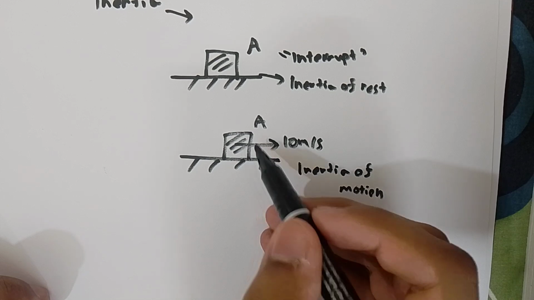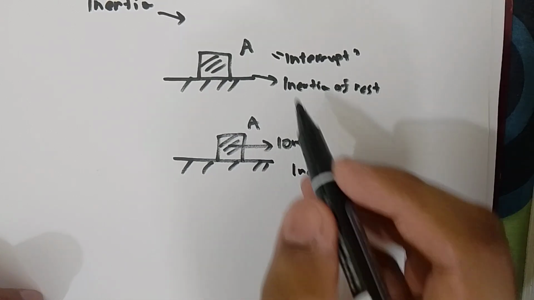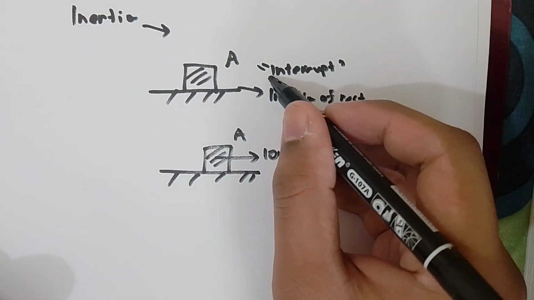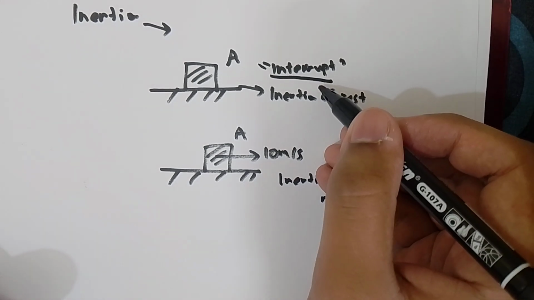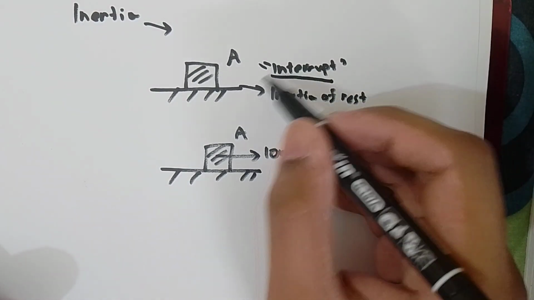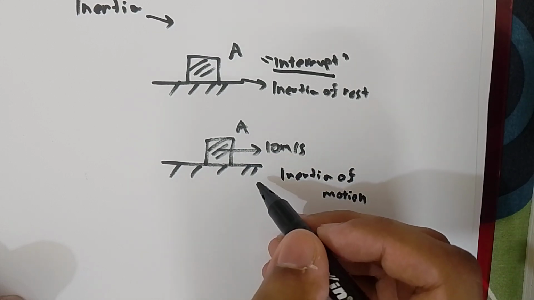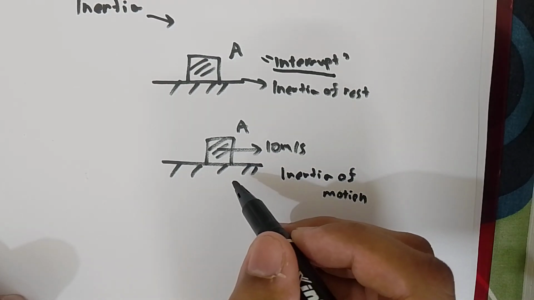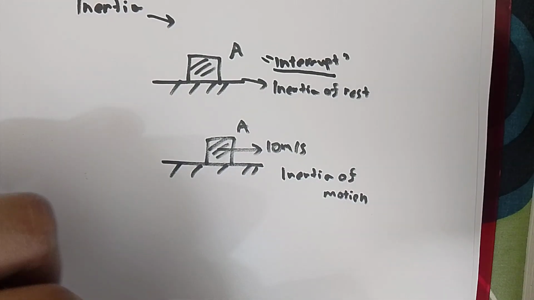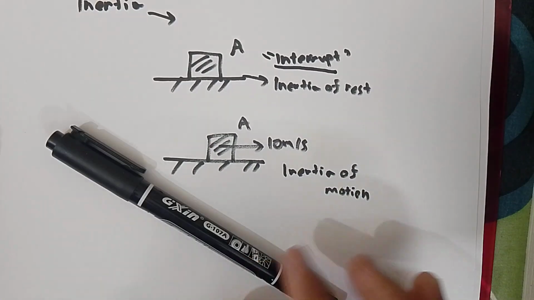Because eventually things stop. But I want you to focus on this term here, that I mentioned that there could be no interruptions when we're describing inertia. So that must mean that when I push this object, there must have been some kind of interruption here, right?